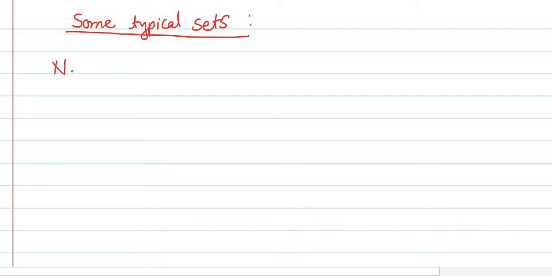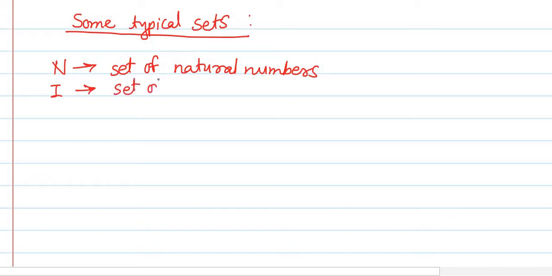We reserve the capital letter N to indicate the set of natural numbers, which we have discussed in the last class in detail. Next one, the set of integers is denoted by capital Z. Obviously, positive, negative, including 0.